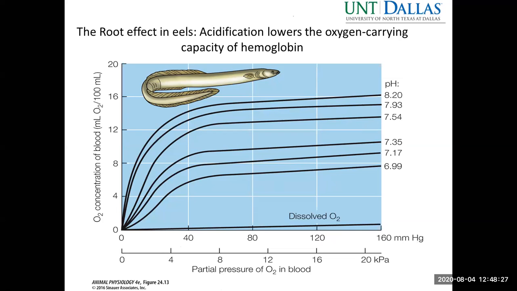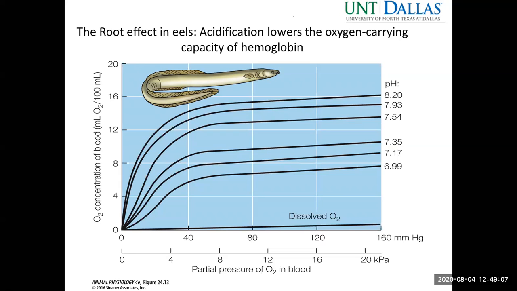You can see here that in some types of animals, because of the distinctive properties of their respiratory pigments, an increase in carbon dioxide partial pressure or decrease in pH of blood not only causes a Bohr effect, but also reduces the amount of oxygen that the respiratory pigment binds when saturated. This reduction in the amount of oxygen bound to the pigment at saturation is termed the root effect, which was named after a scientist whose name was Root.